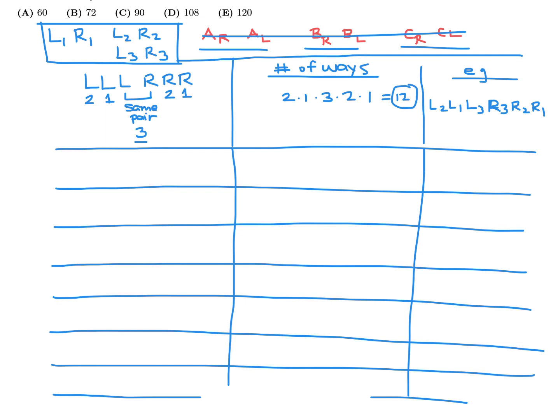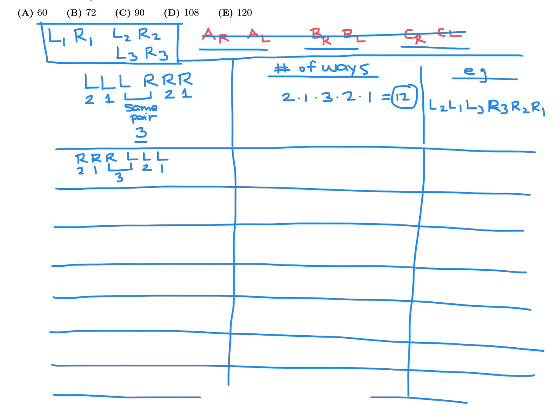All right, so I'll explain them a little bit. I'll explain them and then I'll just list them all because after a while you'll understand how to do it. So the other way is to have the R's in first and then the L's secondary. So similarly, these have to be the same pair, and there's 3 possible ways of doing that. There's 2 ways of getting the first R, the 1 way of getting that R, 2 ways of getting that L, and 1 way of getting that.